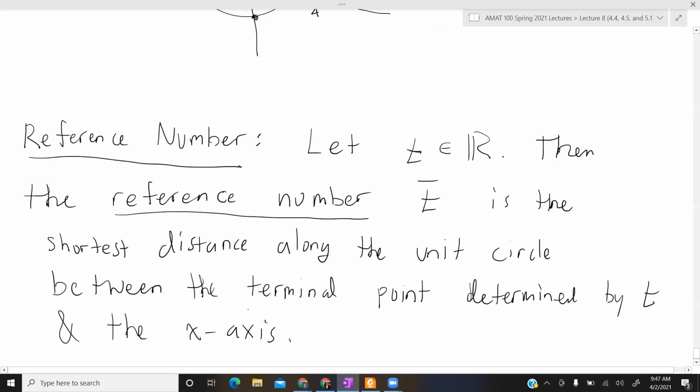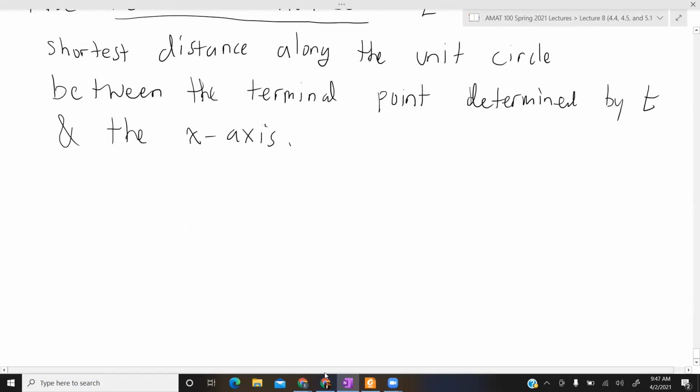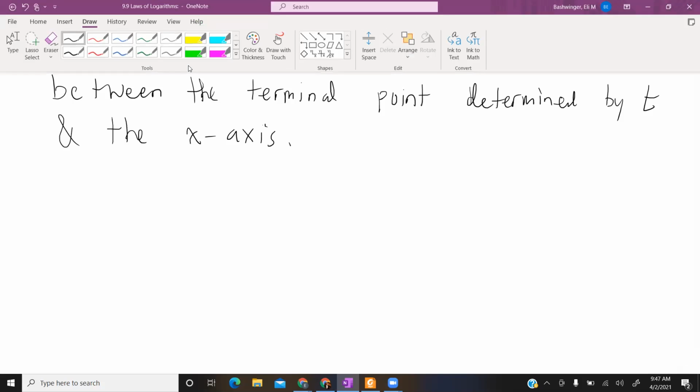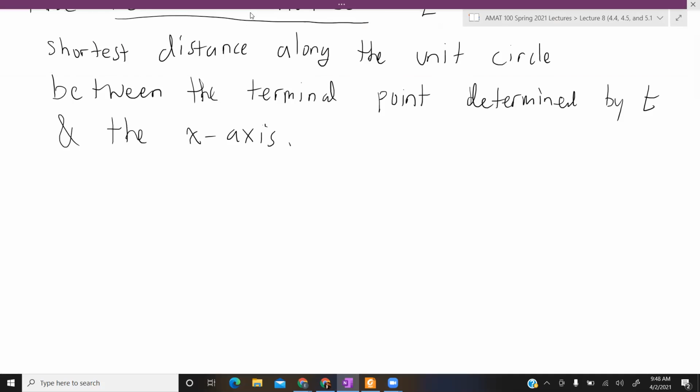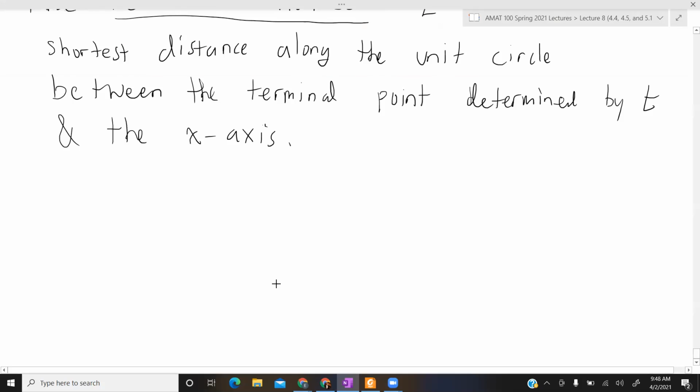Remember, points on the circle are also points in the plane, and that's the terminal point. Let's illustrate what this reference number is. So we have our unit circle.